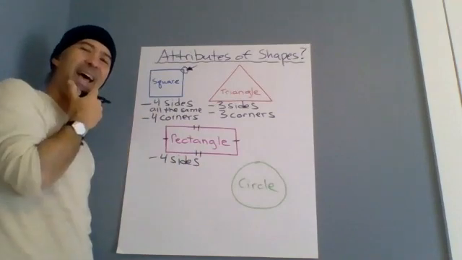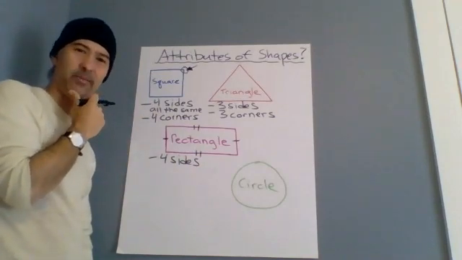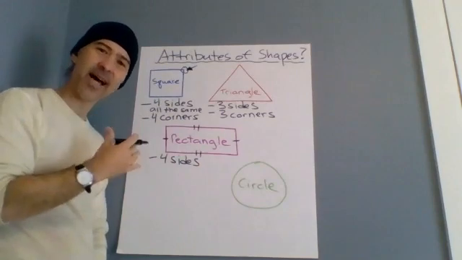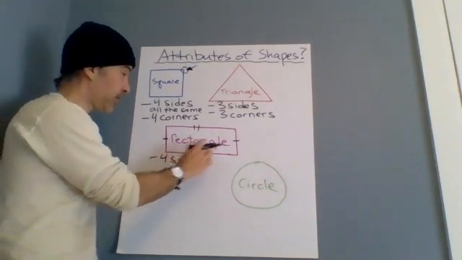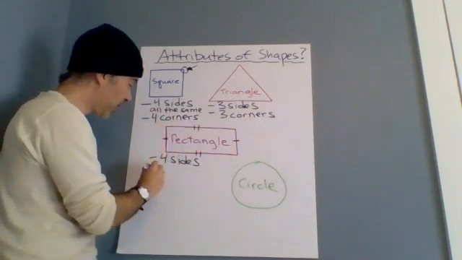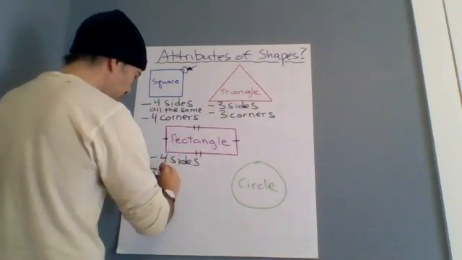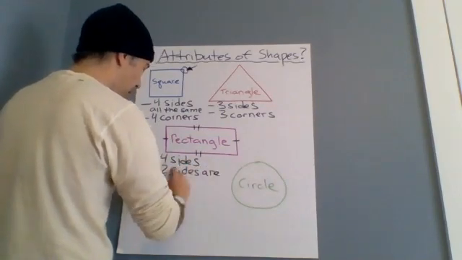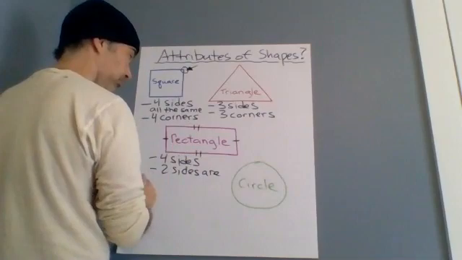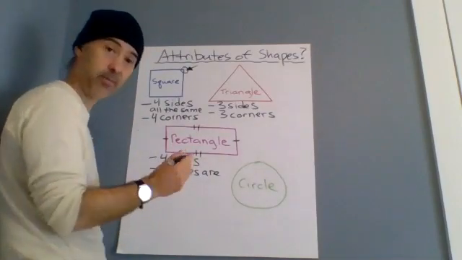So what could we say about a rectangle? What could we say about its sides? It has four sides, 1, 2, 3, 4. We could say that two sides are the same.